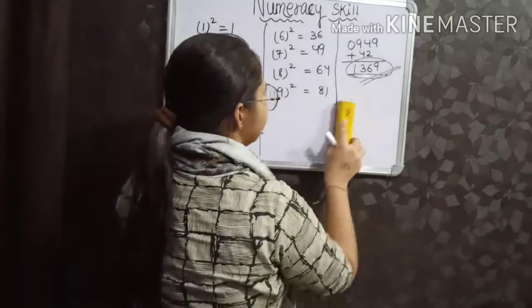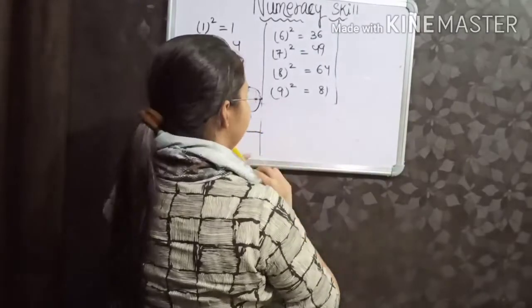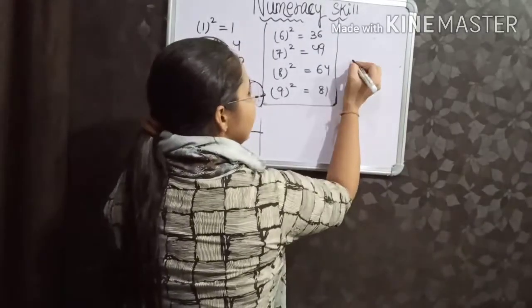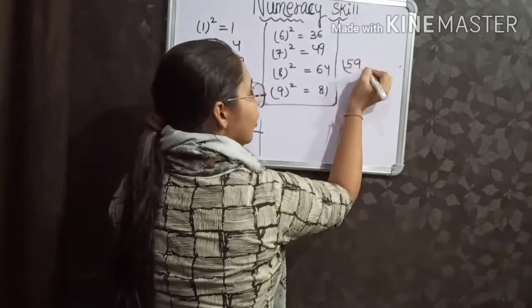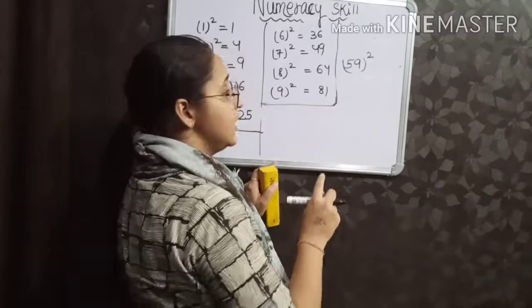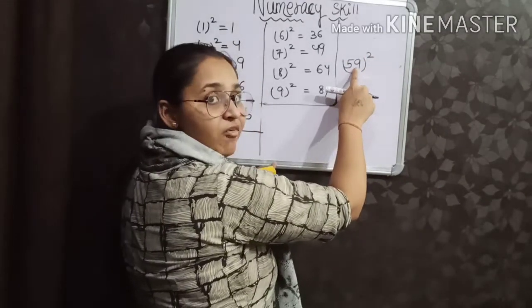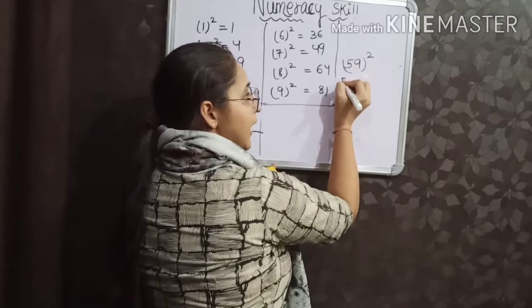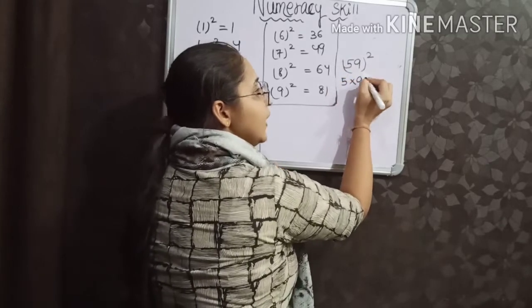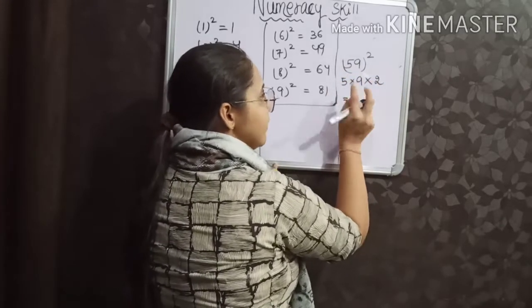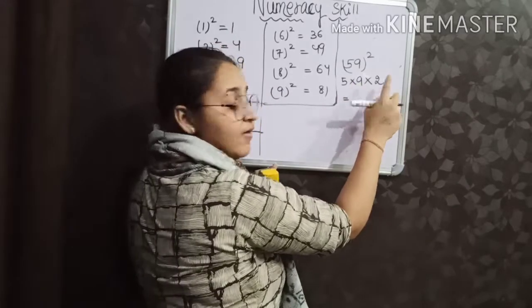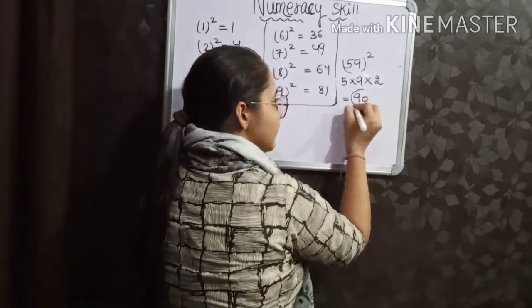Now let's take another example. The bigger one is 59. 59 square. Step number 1. 5 multiply 9 multiply 2. Very good. 5 nines are 45. 45 twos are 90. Write it clear.